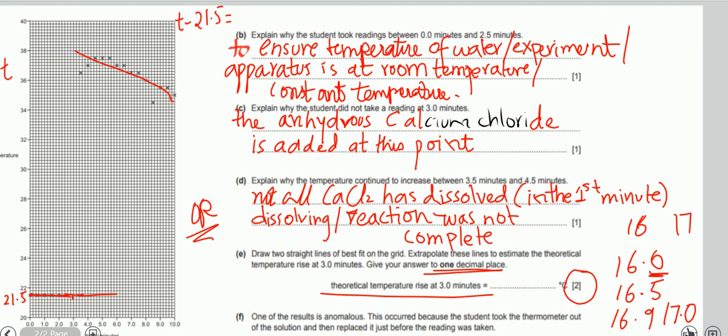Maybe it's like 38. I'm just taking this because my working is rough, it's not accurate. If you go over here, we have something like 38. So if we do 38 minus 21.5, I'm taking my T as 38.